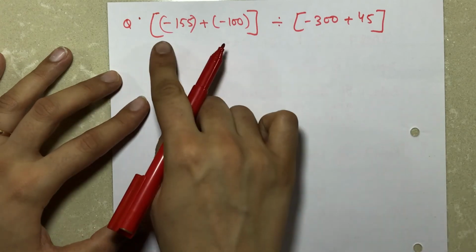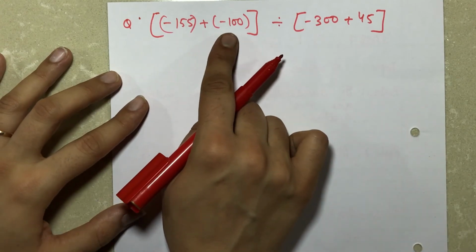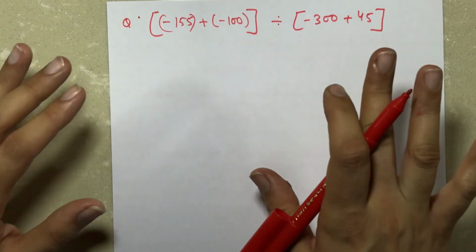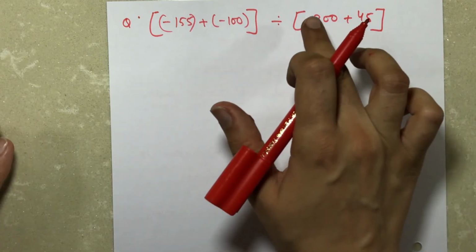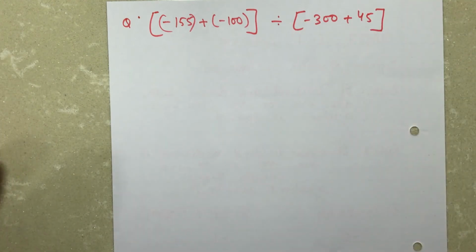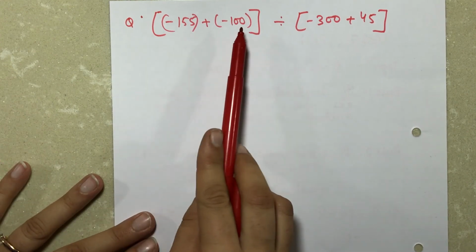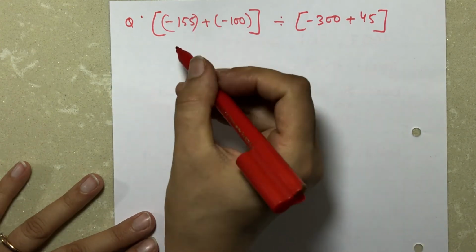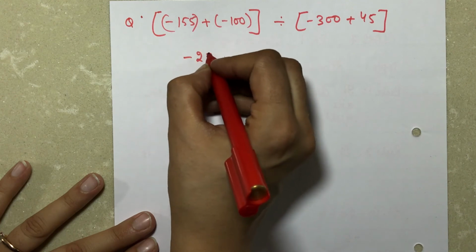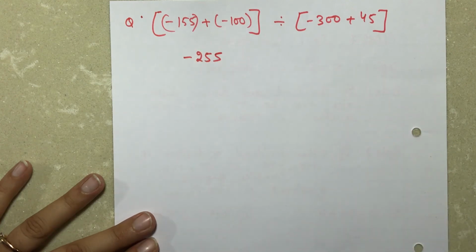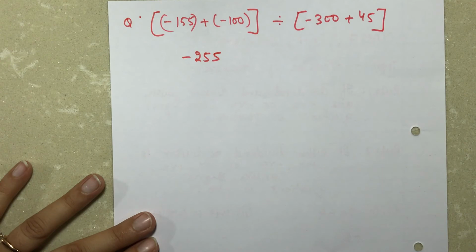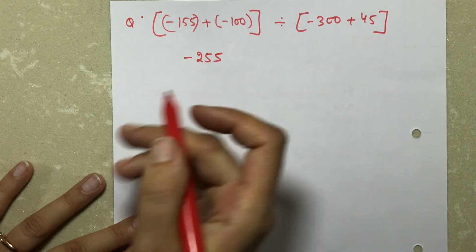So now I have a question which says minus 155 minus 100 gives me an answer, has to be divided with minus 300 plus 45. So now when I have minus 155 and minus 100, I see both the signs are negative. So I'm simply going to add them. I get answer as minus 255. For any doubts of addition and subtraction, you have to check the previous videos.